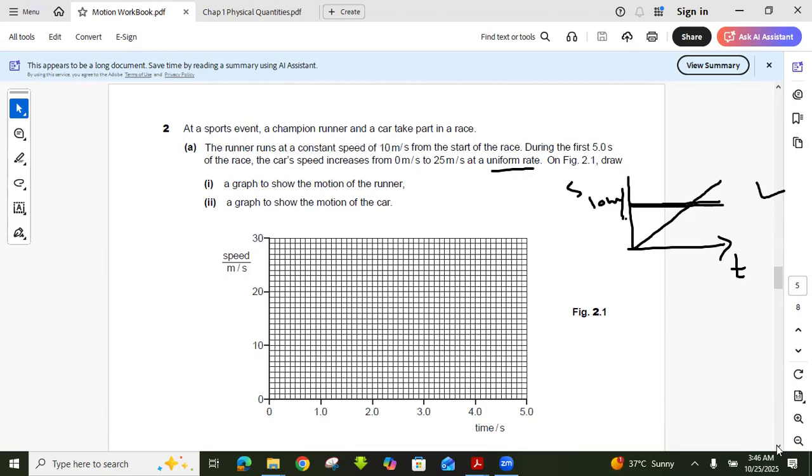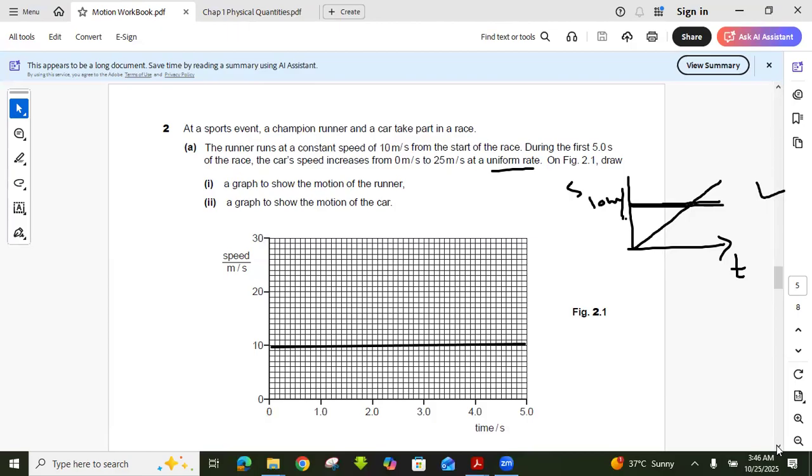First of all, we are going to make the graph for the runner, which is 10 meters per second till the end of the journey. Okay, done. This is what we have done for the runner. Now let's do it for the car. The desired speed is 25, which is in between 30 and 20.